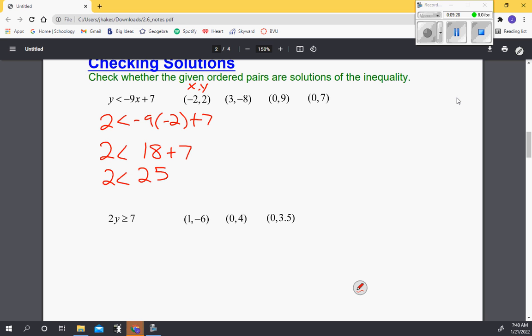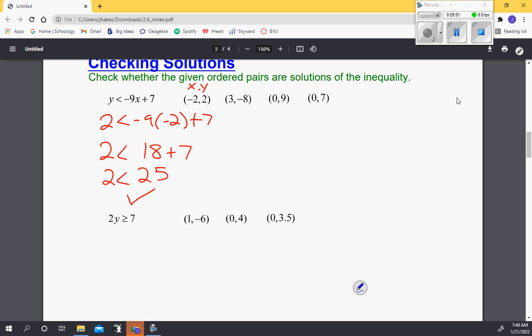Wow. Rough math. Sorry. Monday morning. Okay. Then we ask ourselves, is 2 less than 25? The answer is yes. So this checks off. That's good. And we're just going to do that for the next 3 ordered pairs.